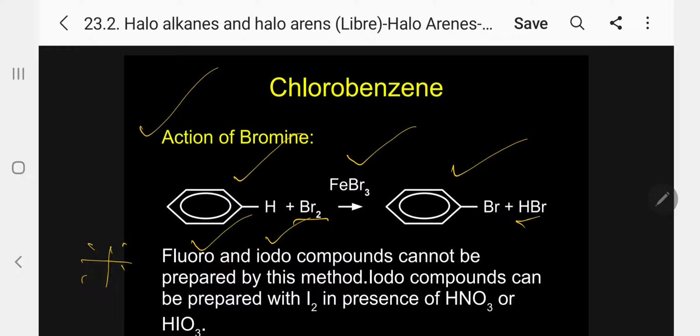Fluoro and iodo compounds cannot be prepared by this method. Please note, question can be asked. Only chlorine and bromine can undergo this reaction. Iodo compound can be prepared with iodine in presence of nitric acid and iodic acid. So this method is suitable only to prepare chlorobenzene and bromobenzene.